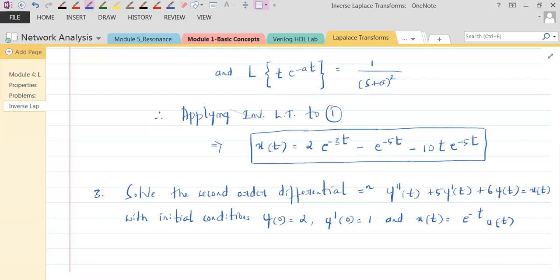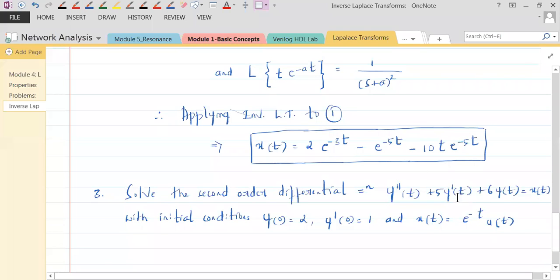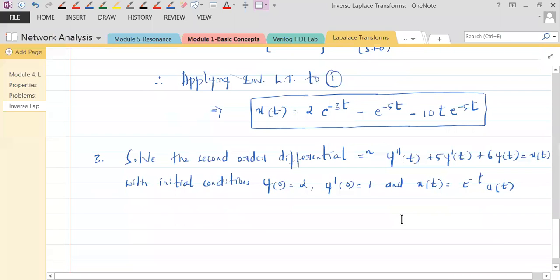You have a second order differential equation and you're asked to solve it. What needs to be done? Solving means finding out the unknown. Which is the unknown? Y of t is the unknown. Mind you, this is a differential equation. It is a different type of representation so that it would become easier to type in the question paper.